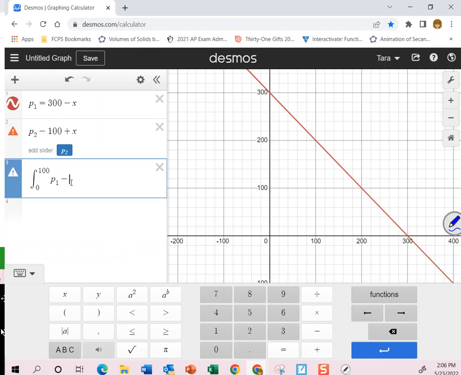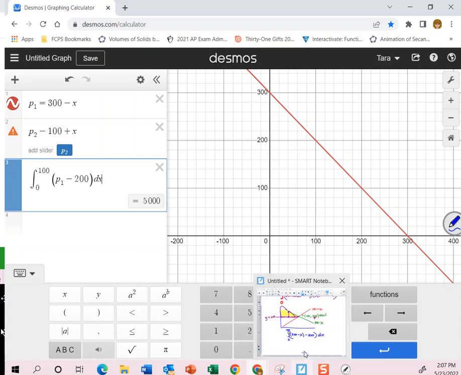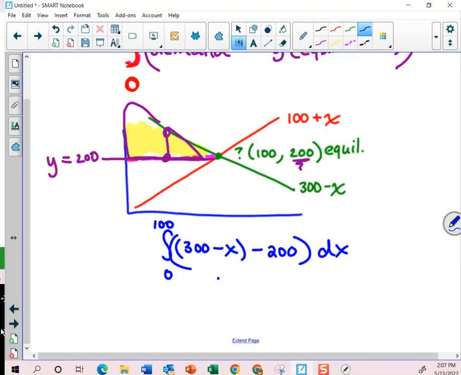P1 minus 200 dx. And so the value here, consumer surplus available, is $5,000.